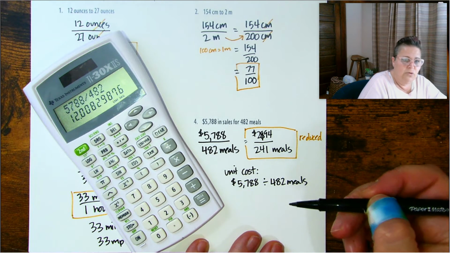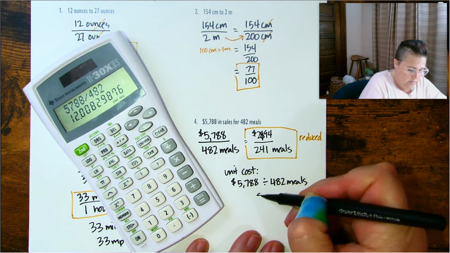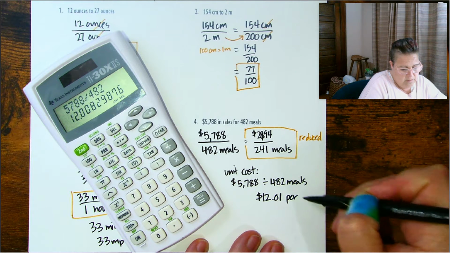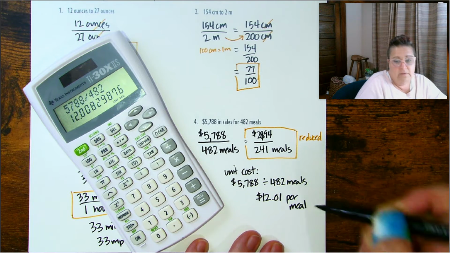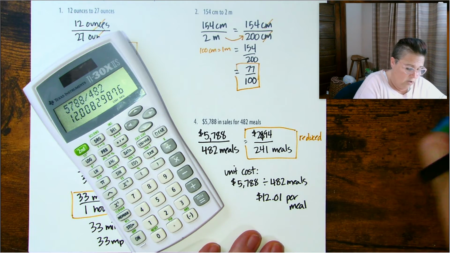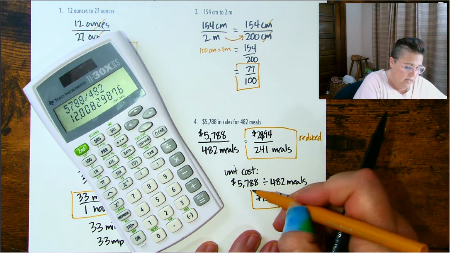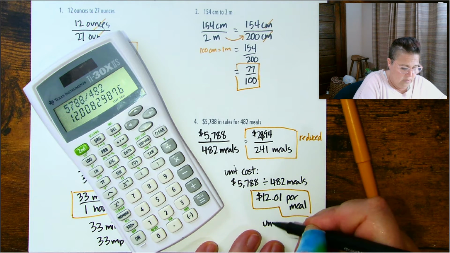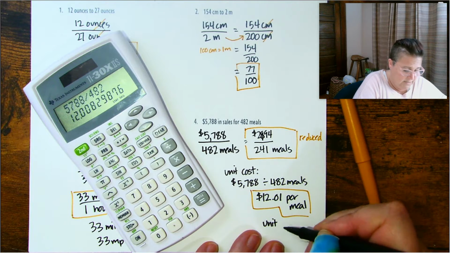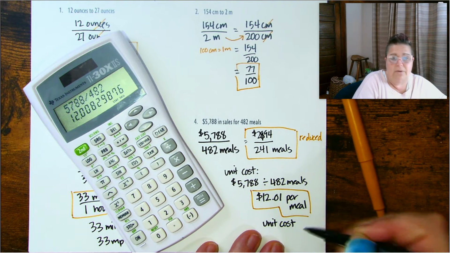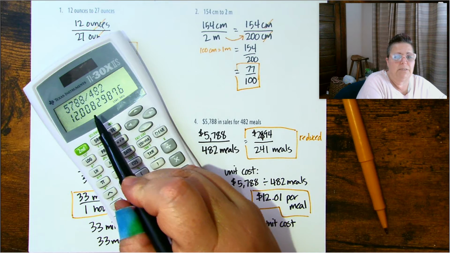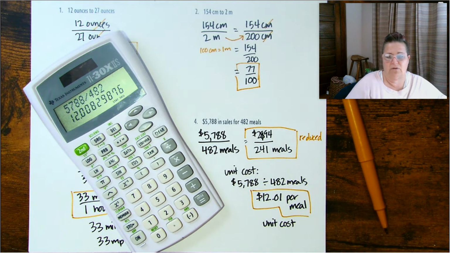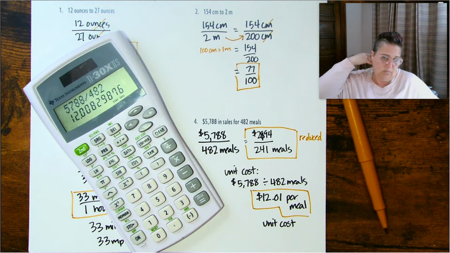And I get 12.01. Because this would give me the unit cost. Again, essentially saying that the unit cost is $12.01 per meal. Didn't work out evenly because I got all those decimal places. So it makes sense that I couldn't get that to go any further, but $12.01 per meal.